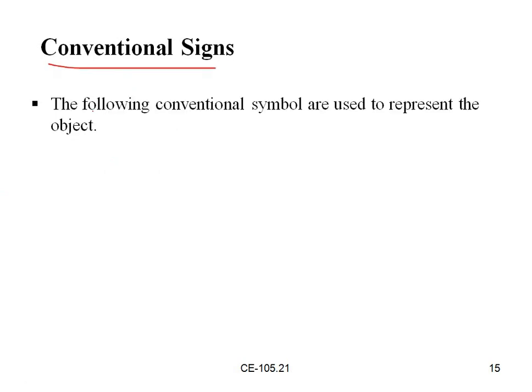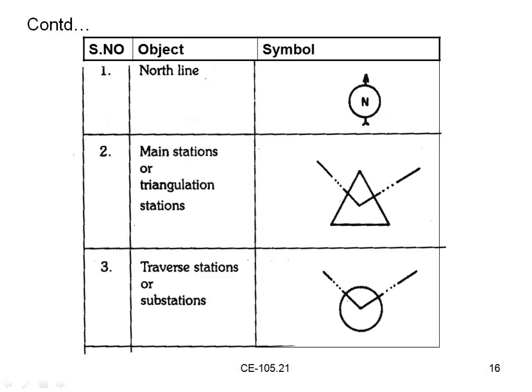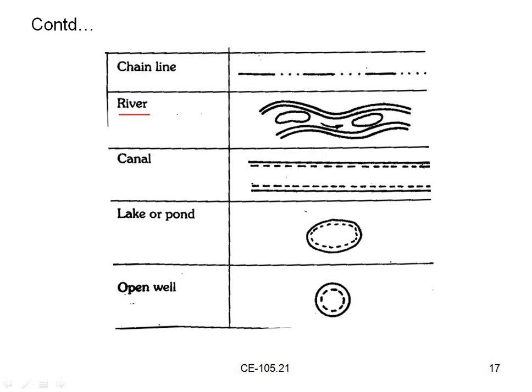So next is conventional signs. The following conventional symbols are used to represent objects. So this is the north line, we can see the north symbol, and main stations are triangular stations, traverse stations symbol or substations. This is a river symbol and this is a chain line symbol.